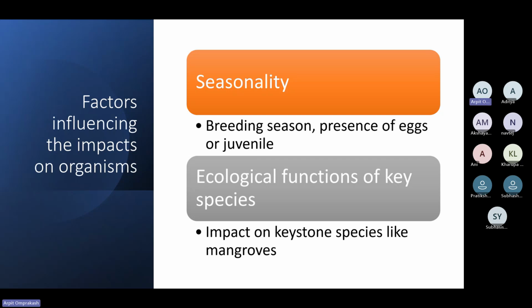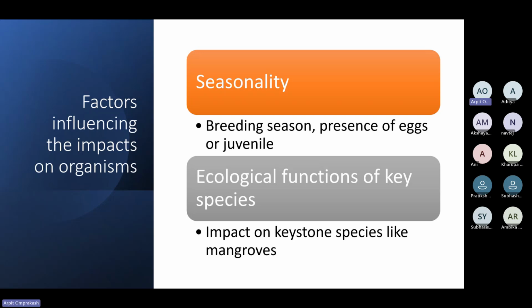This leads to a higher mortality or a higher impact, because juveniles might not be equipped to handle these sudden drastic changes, like being coated by oil. It may negatively affect both juveniles and eggs. It can prevent eggs from breathing or exchanging air with the atmosphere, right?